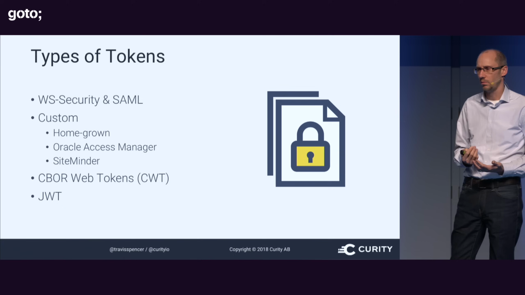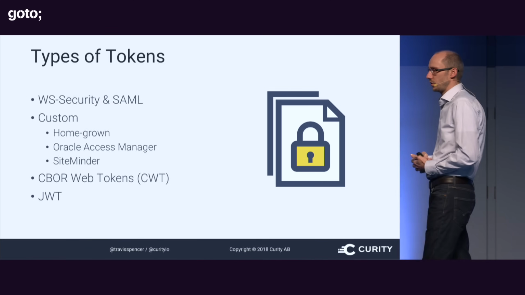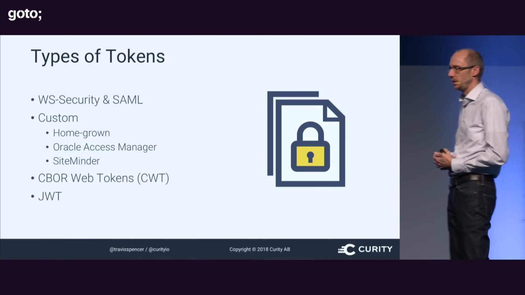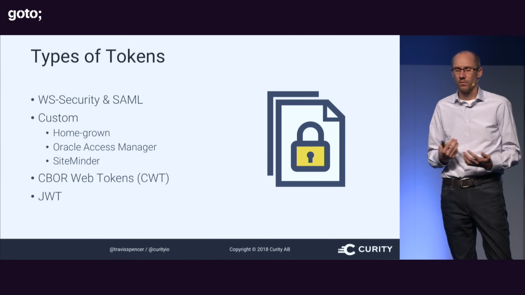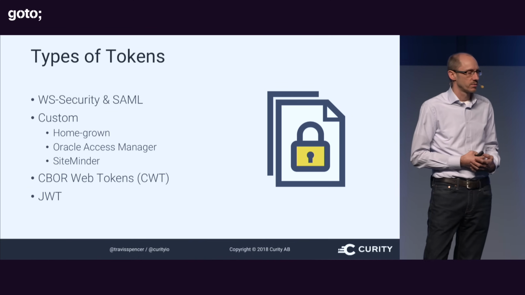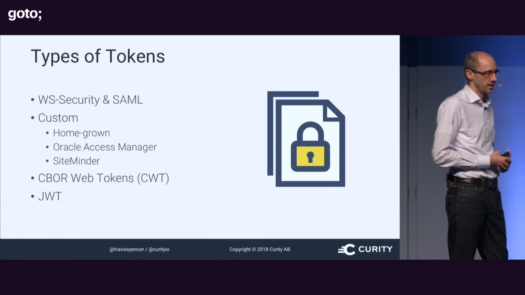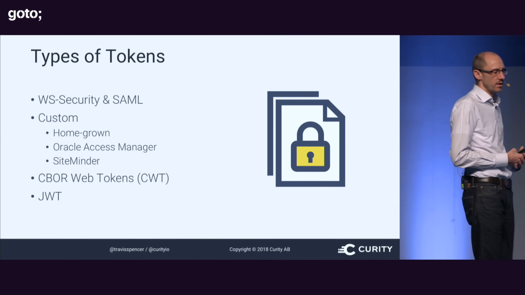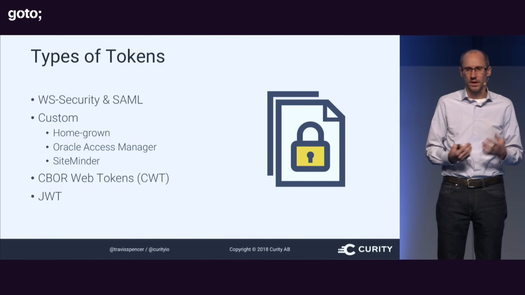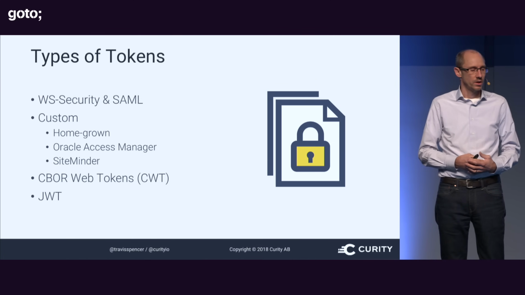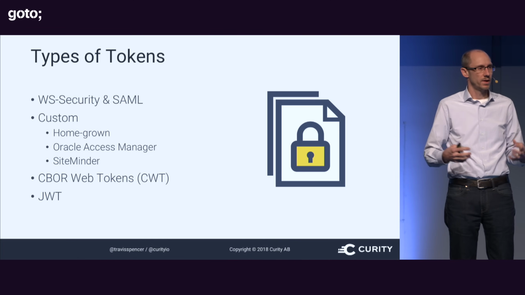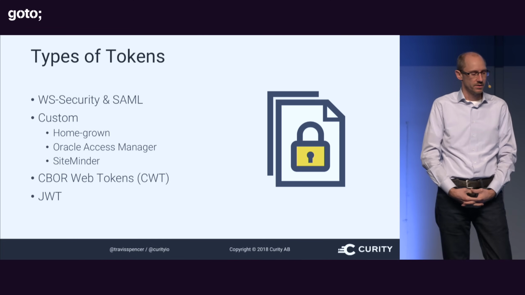We can also have custom ones, like just a GUID, a unique identifier, or some other homegrown kind of token format. We could also use stuff from back in the day, like access managers. And that's actually quite helpful for migration. So be aware that you can do that, so that you can issue the right kind of token that might simplify a mapping to a legacy system.